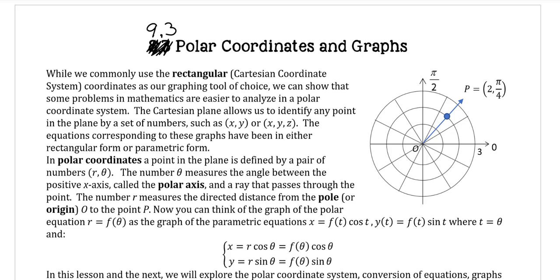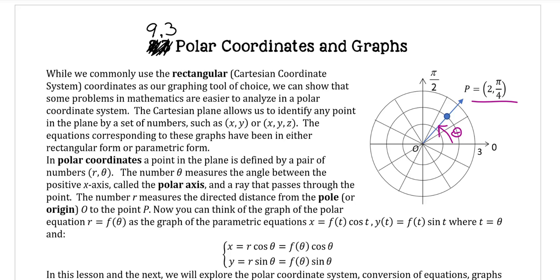So it's our positive angle. This is our theta in that direction. So a point somewhere in space is labeled such as p equals 2 comma pi over 4. That tells us we're 2 units from the center, or the pole, and that the angle we have made is pi over 4.